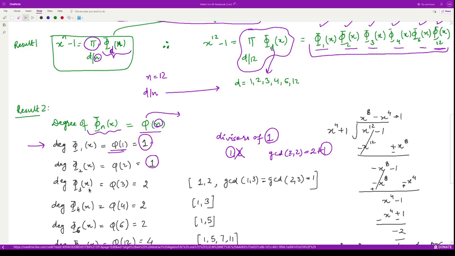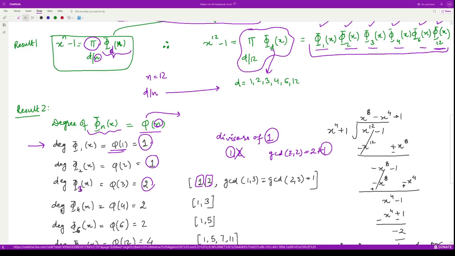Degree of phi 3 of x. All the numbers less than 3 which are relatively prime to 3 are only 1 and 2, because 3 is not relatively prime to 3. The GCD of 1 with 3 is 1, and the GCD of 2 with 3 is 1. Therefore, in total we have 2 numbers, so this phi of 3 is 2.